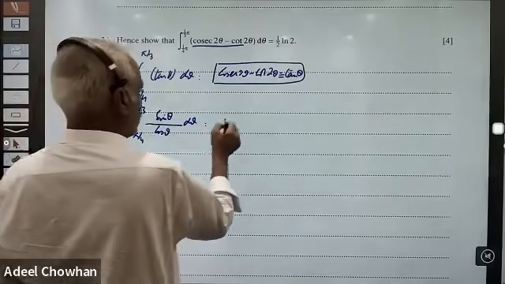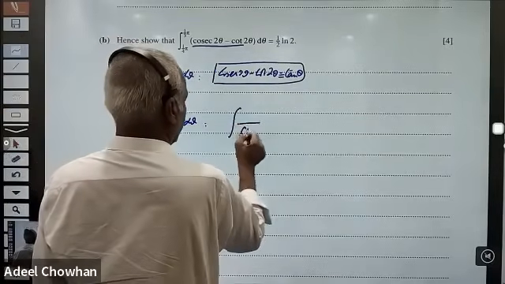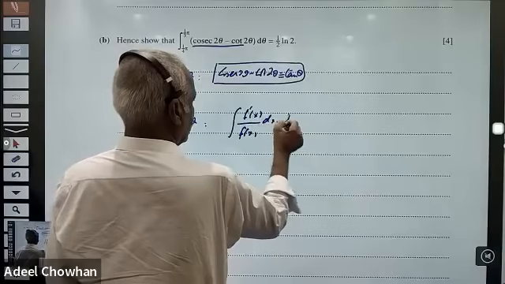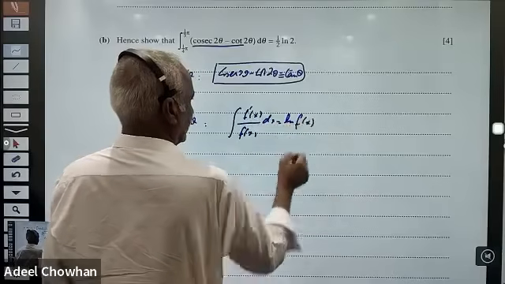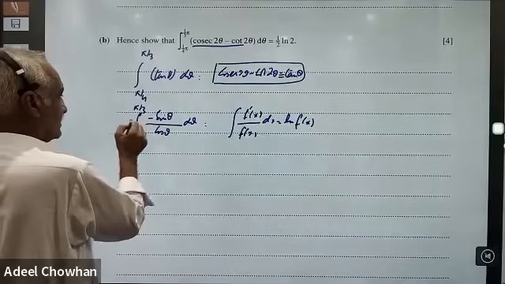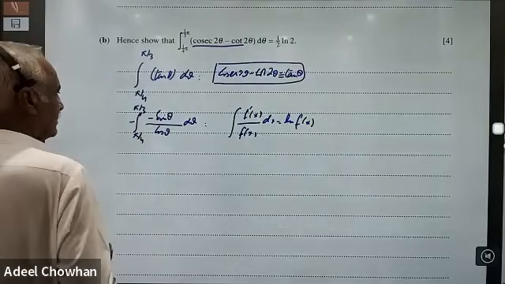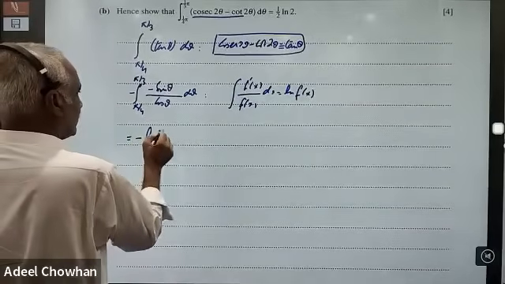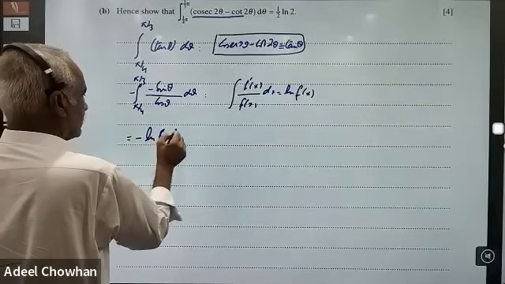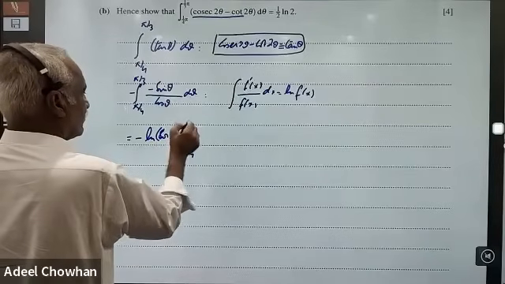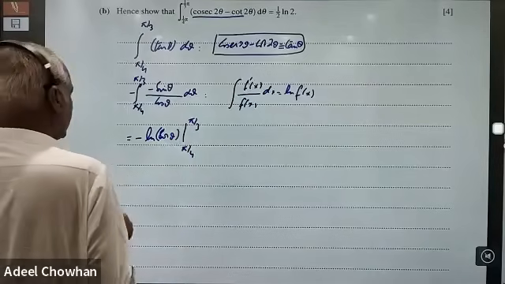But we know that if the function is in the denominator and its derivative is in the numerator, then the integral is log of f of x. But the cos theta derivative is minus sine theta, so you take the minus sign outside there. So it should be equal to minus log of cos theta, and the limit there is pi by 4 to pi by 3.